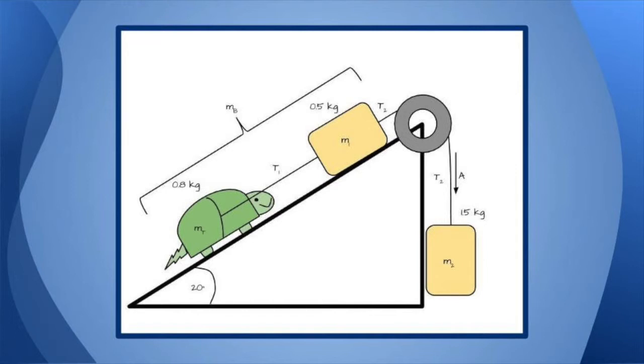So you can see we are having to solve for acceleration going down on mass 2, and tension 2 and tension 1. Due to the diagram, the mass of both objects combined, the turtle 0.8 kilograms and mass 1 0.5 kilograms, is going to be 1.3 kilograms and called mass both, or mass B.